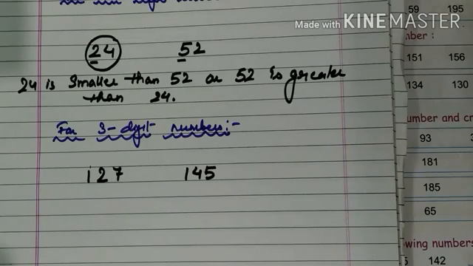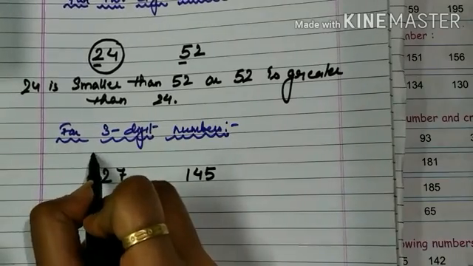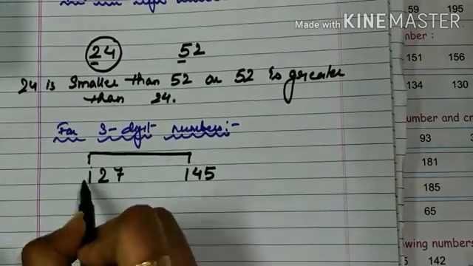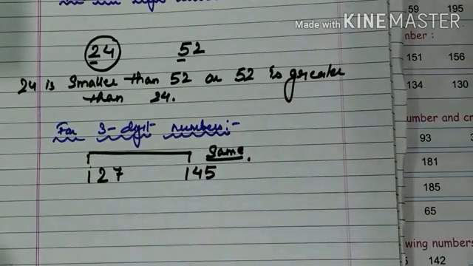We are going to learn the 3-digit numbers now. Now compare the 3-digit numbers. See here, 1 and 1. The hundreds are same. The values are same.